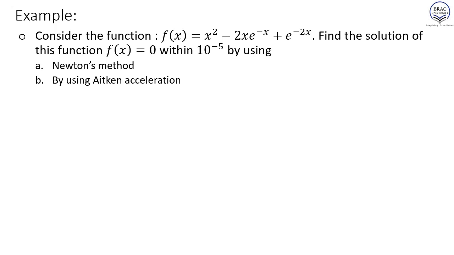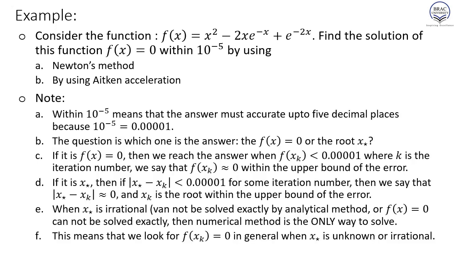But before I move on to solve the problem, let's note some points. You already know about these points, but still I'm just refreshing your mind so that we don't misunderstand the solution or any other aspect of the problem. So when you say within 10 to the power minus 5, we mean 5 decimal points.